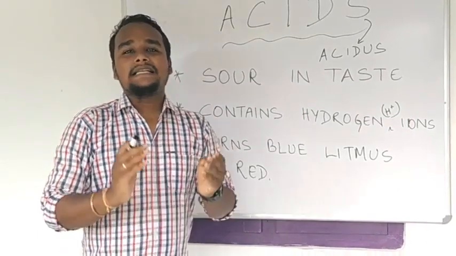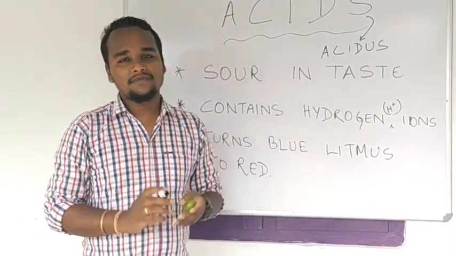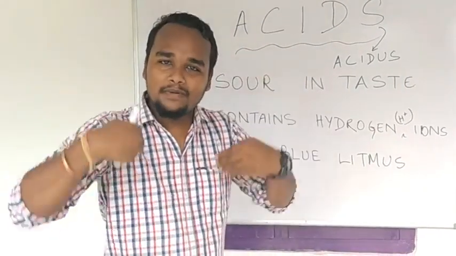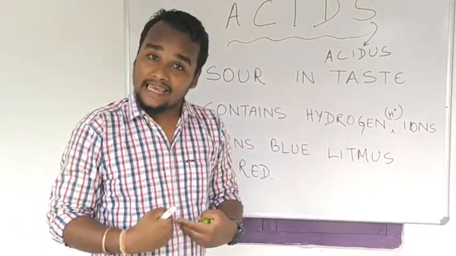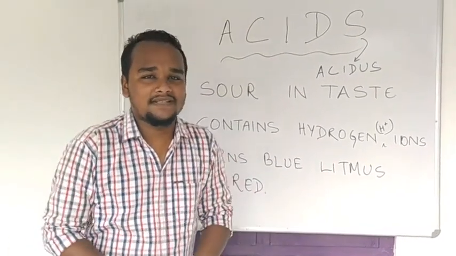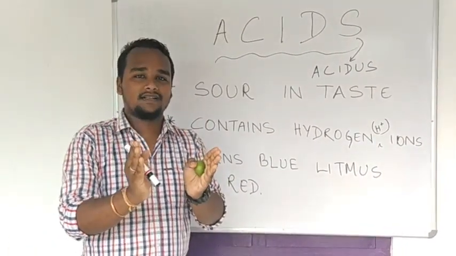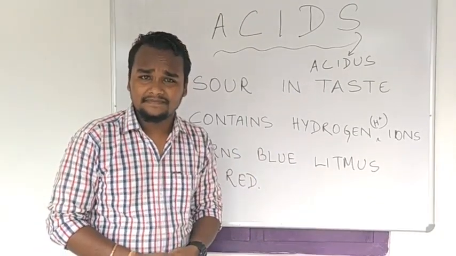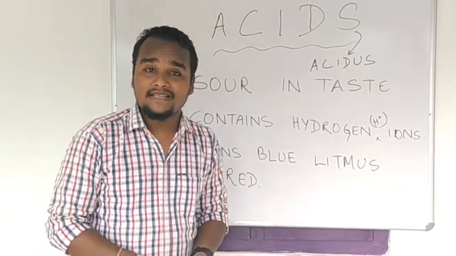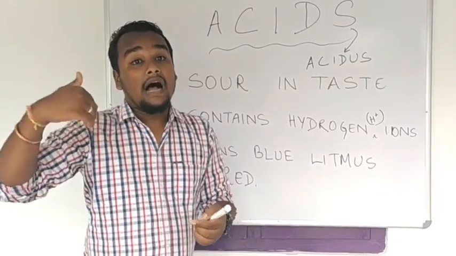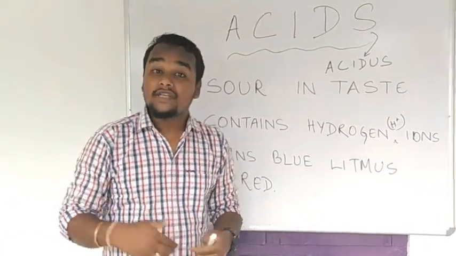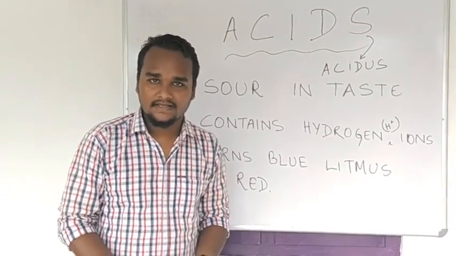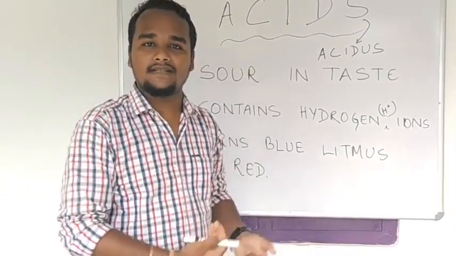So we are surrounded by acidic substances. Clear? Some acidic substances are useful to us and are being consumed by us. Again I am saying, not all acidic substances are fit for consuming. As I have said, some acids are strong acids and some are weak acids.